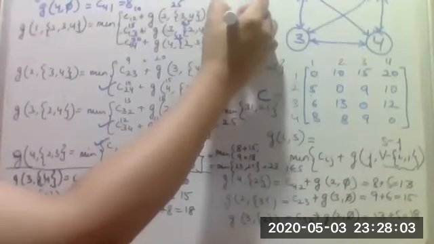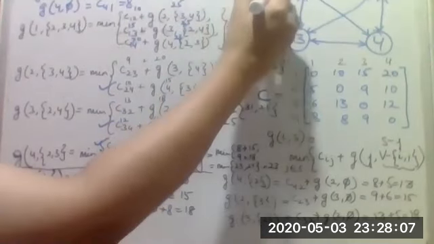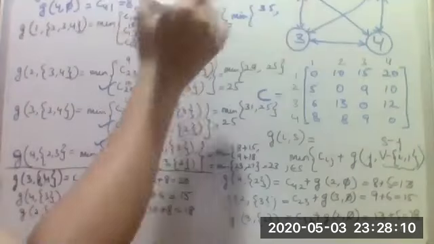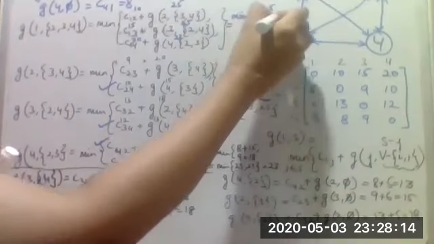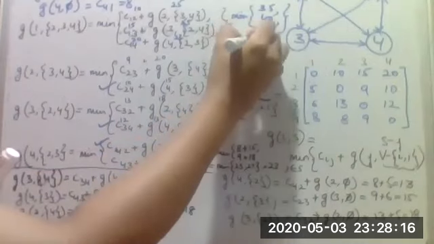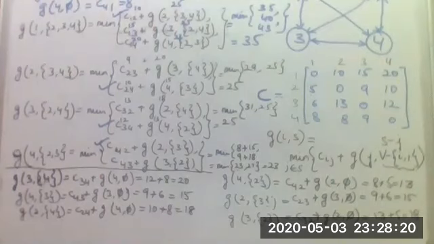So the values that we get here are 10 plus 25 is 35, 15 plus 25 is 40, and 20 plus 23 is 43. So out of this the minimum value is 35 that has come from here. So the minimum value that we have gotten here is 35.